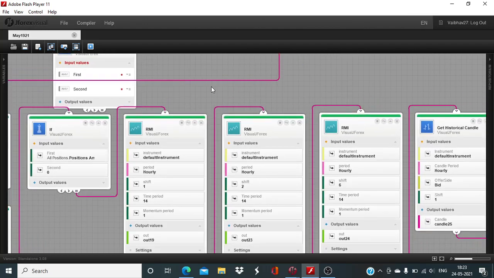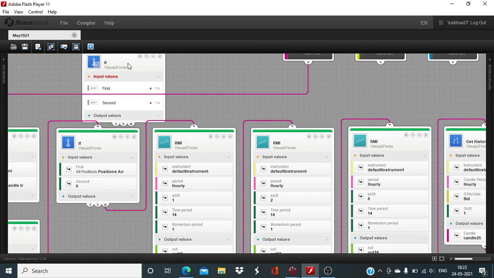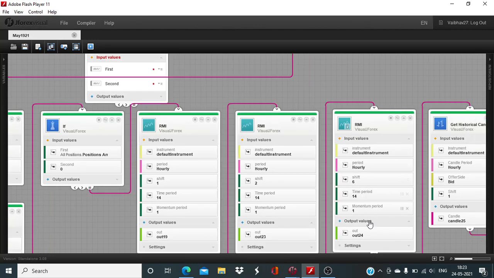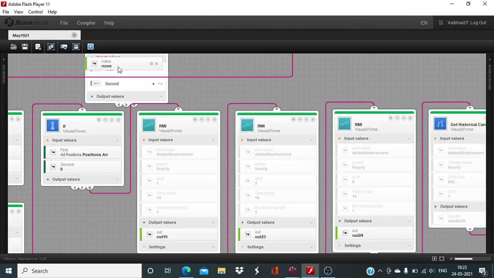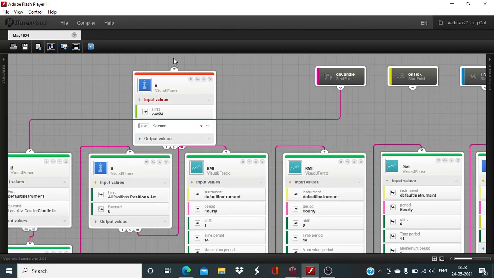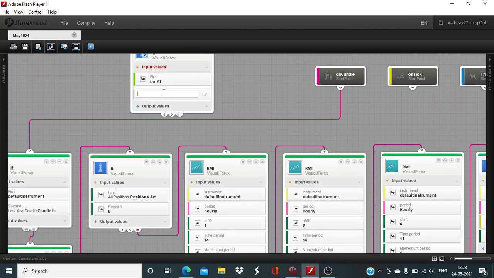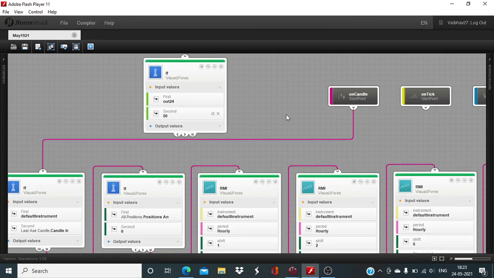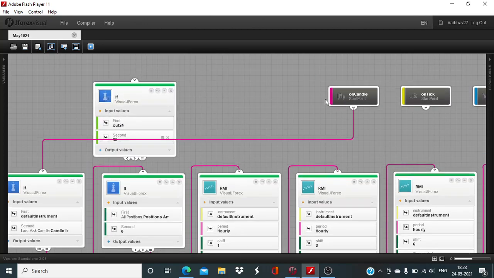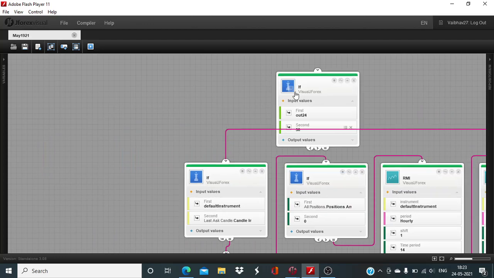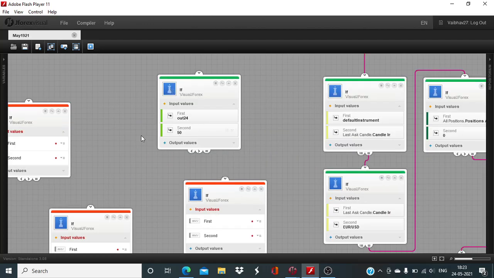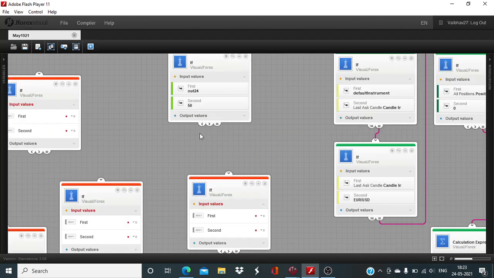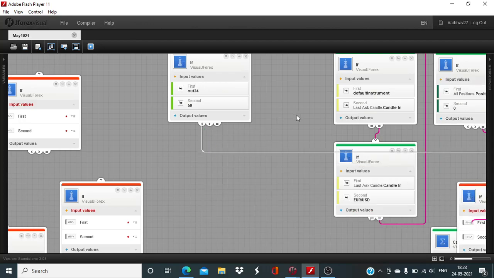The RMI value 6 hours back should have been below 50. First input less than second input.